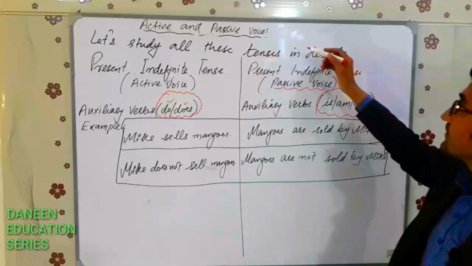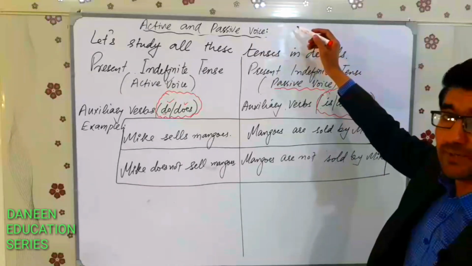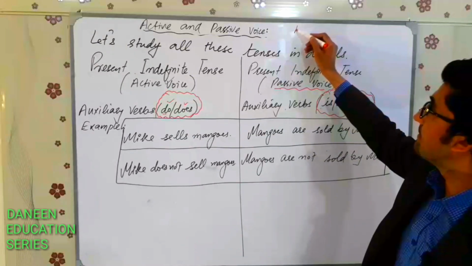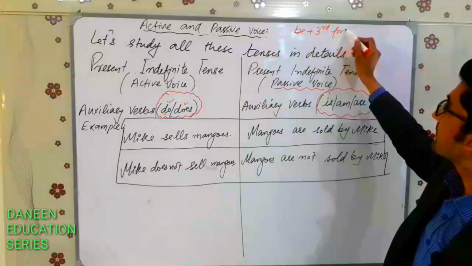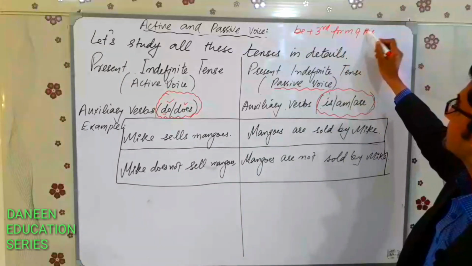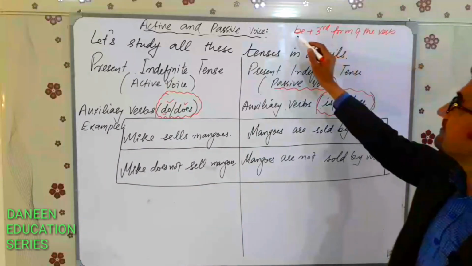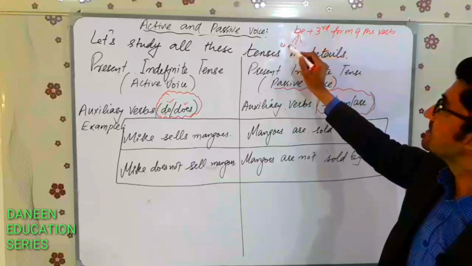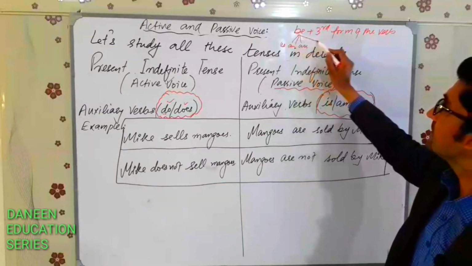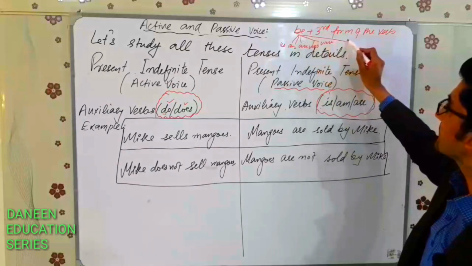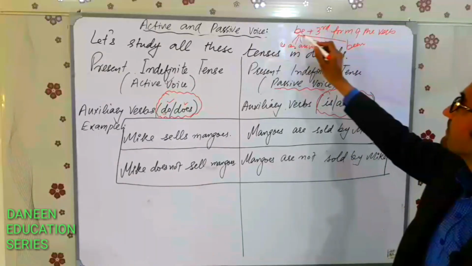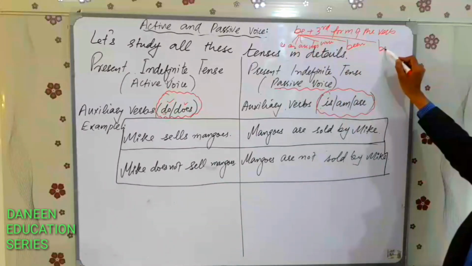And we know that the structure of a passive voice is be plus third form of the verb. Be means is, am, are, was, were, been, being.